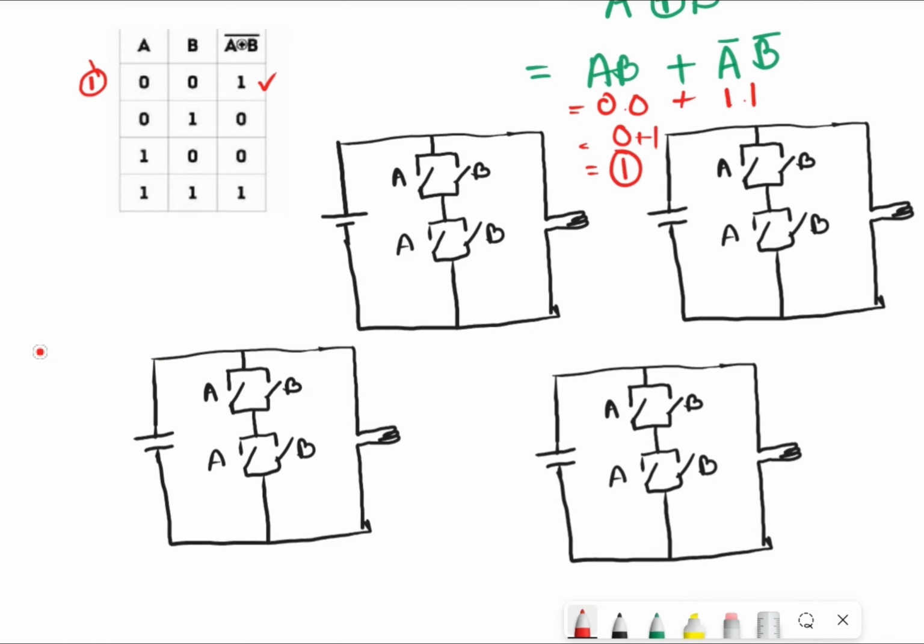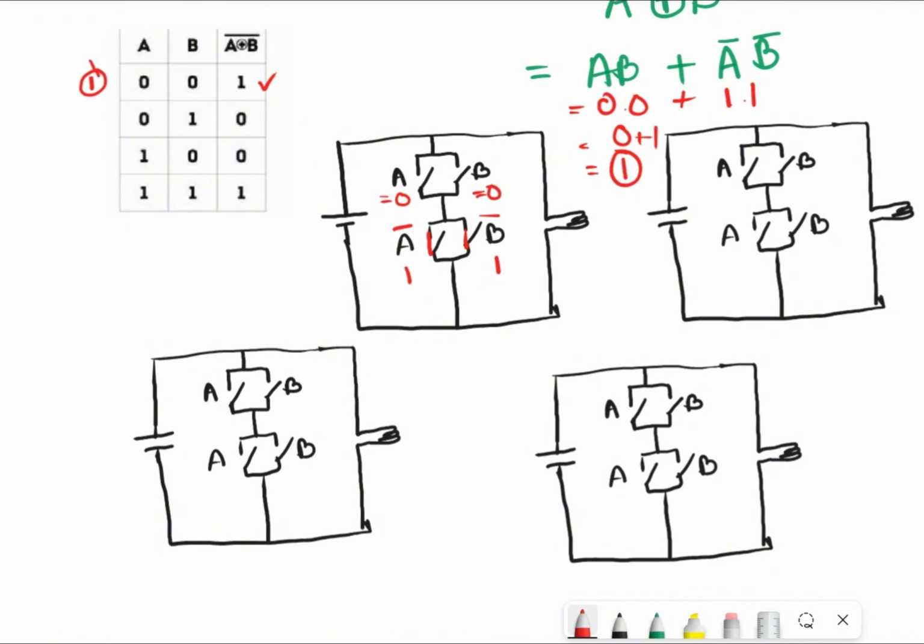So A equals 0 and B equals 0, and here the other one is A bar and B bar. So A bar is equal to 1 and B bar is equal to 1. It means this is connected and this is connected as well, but these two are open.